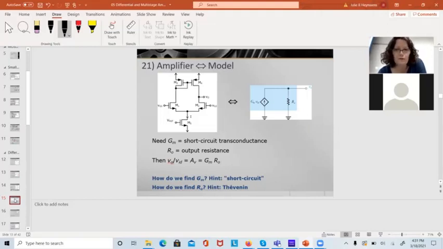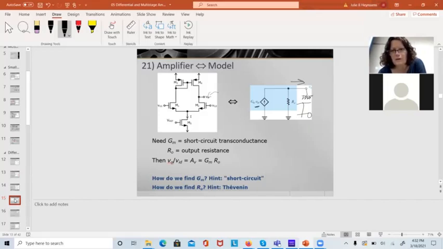What I could do is go into the lab. I could short the output to ground. I'm looking into this output node right now, and this is what I would see. I short it to ground and I apply an input test voltage of VID, whatever that is, and I measure the output current, I out, in this case the current coming out this way.